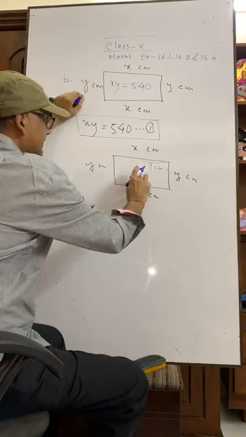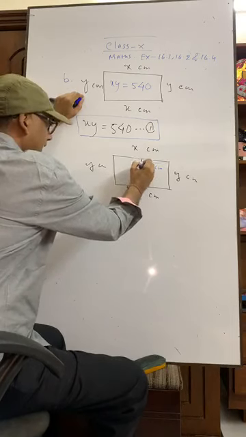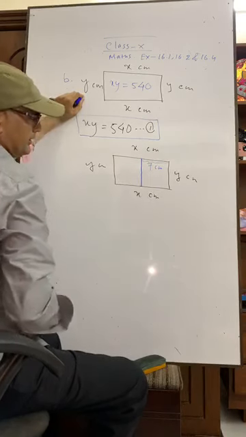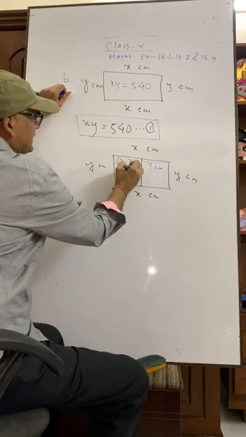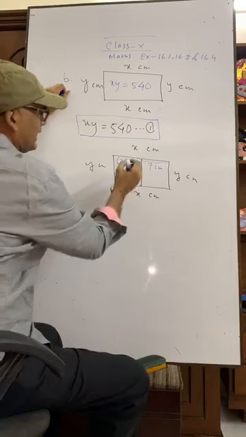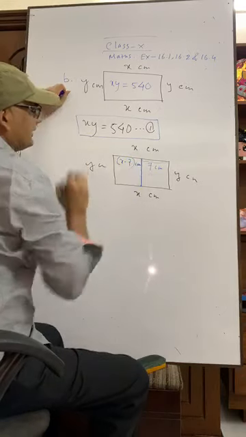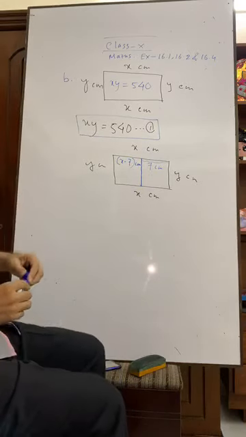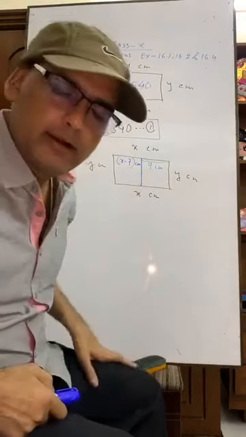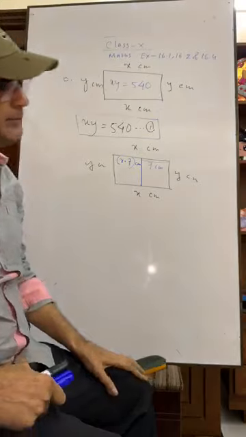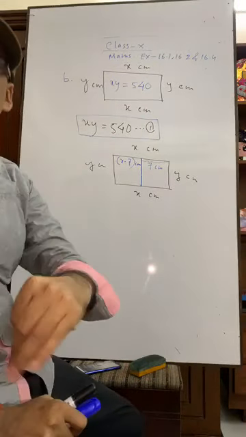So from the length, I have taken away 7 centimeter. Then we are left with x minus 7 centimeter. And then its shape will be a square.